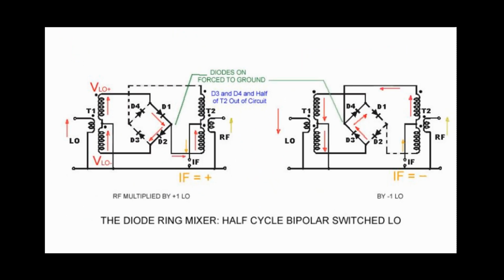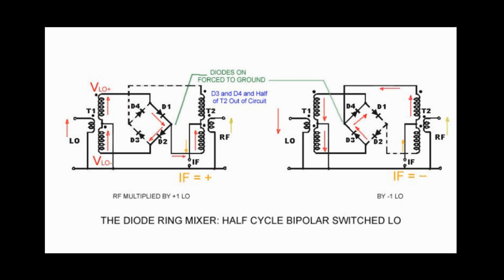Well, fortunately, the diode ring mixer is covered exhaustively in the literature and online, so search out some of the YouTube videos and some of the other information on the diode ring mixer. But let's try to take this thing apart just so we understand how the ring mixer works.